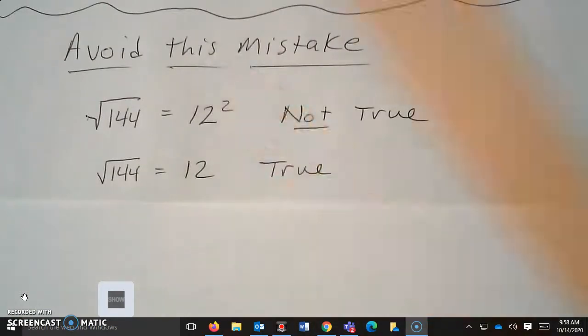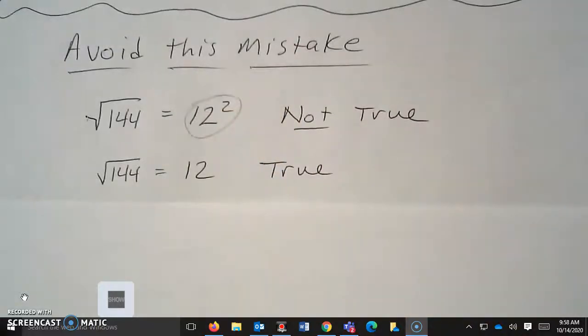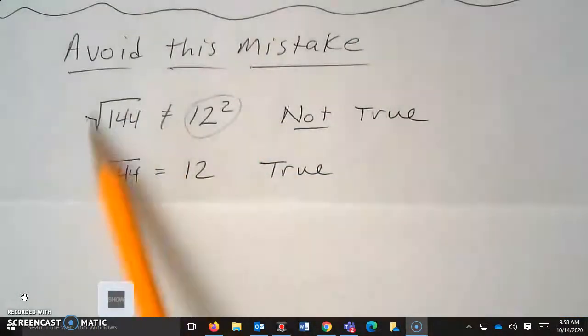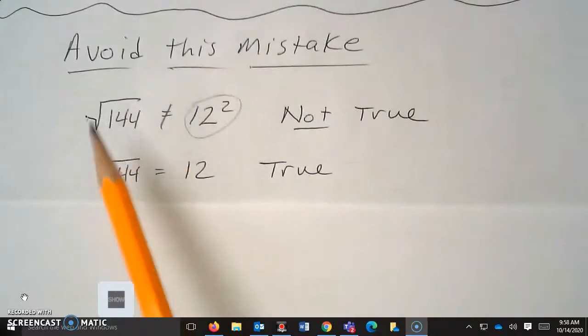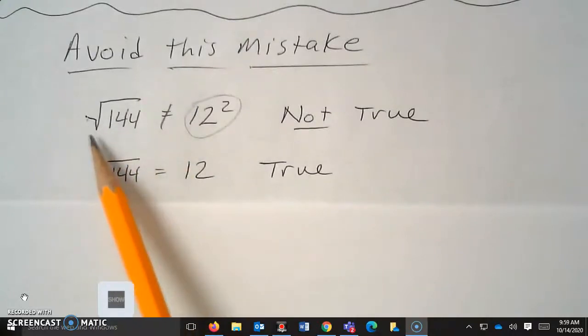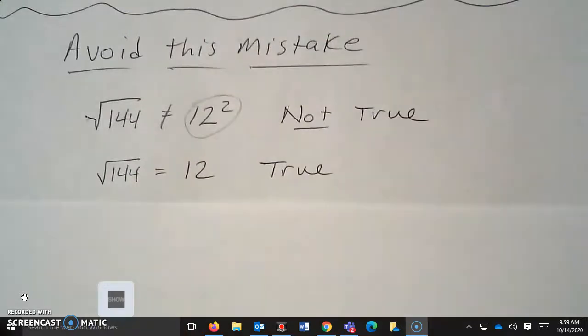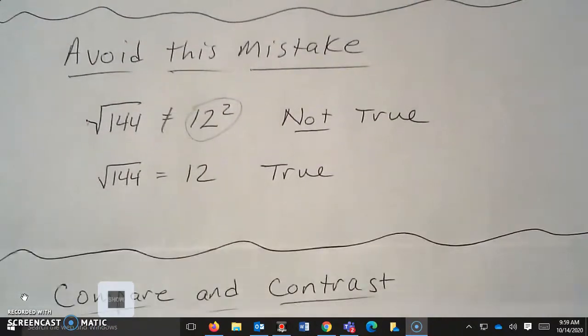If you put this in a calculator, you're going to get 144. The square root of 144 is not 144. That is not equal. Okay, remember, this is a question. This says, what number times itself is 144? 12. So I saw that more than once, so I just wanted to make you aware.